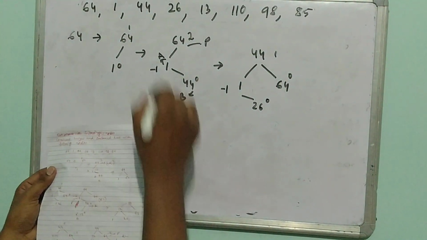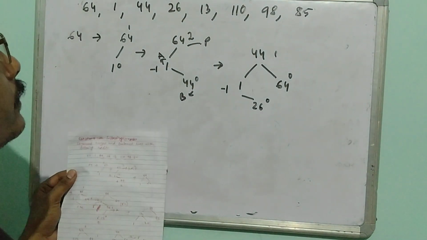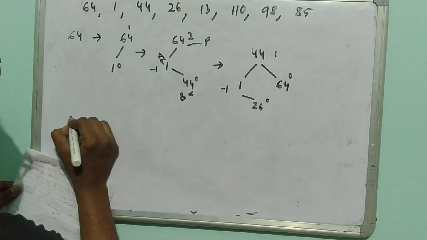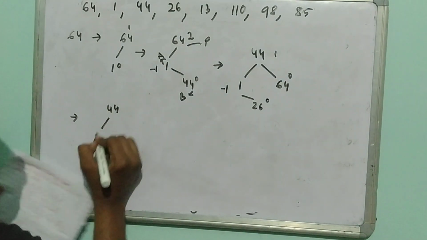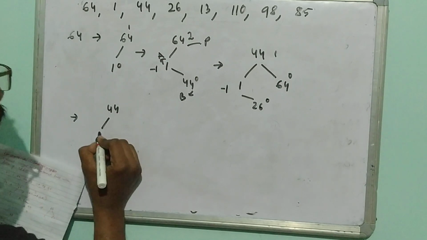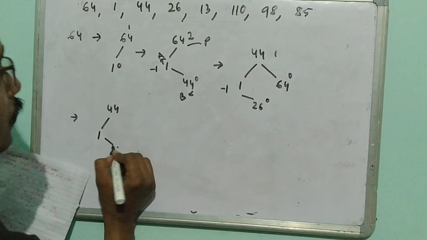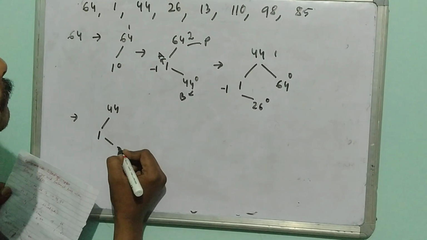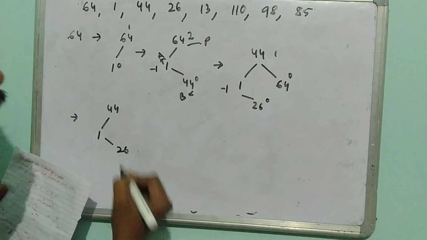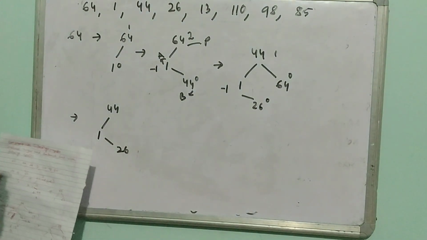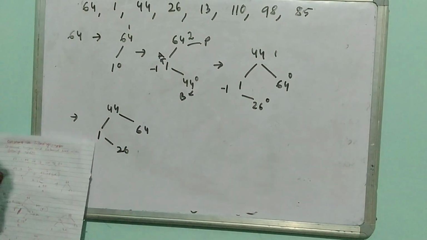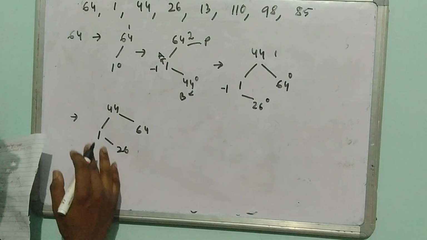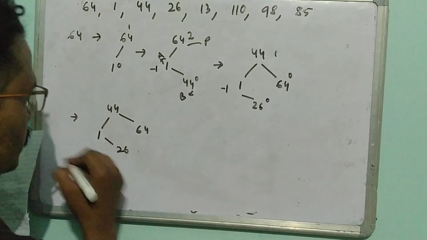And now 26 is over, now we have 13. Which part will 13 go? Making the tree again, we have 44, 1, 26 and 64. Now we insert 13. 13 will obviously be the right side of 1, and it becomes the left of 26 because it is lighter.